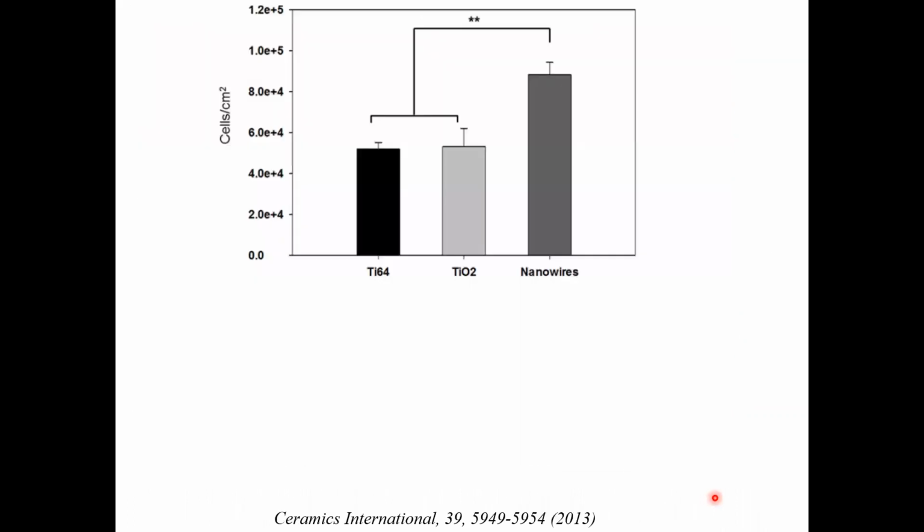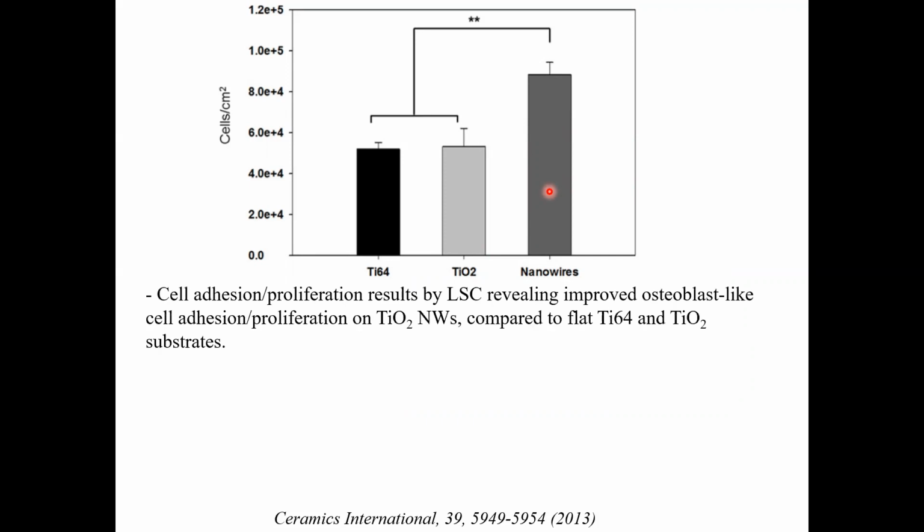So if you do a cell count on these surfaces, the control and the sample with TiO2 coating don't show a significant difference within the error bar, but the one with nanowire, you can see a substantial difference. So clearly, the cell adhesion is enhanced on the surface with nanofibers.